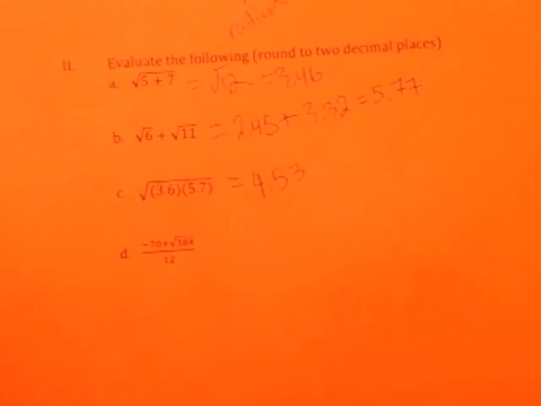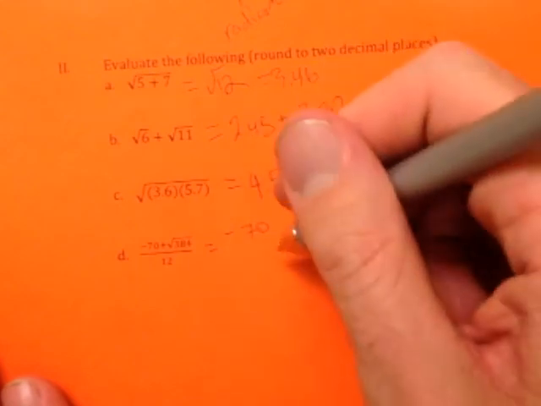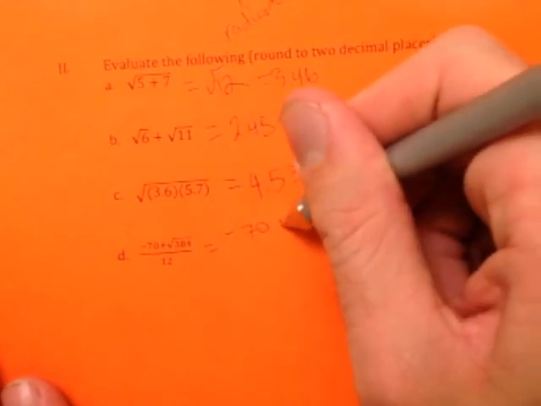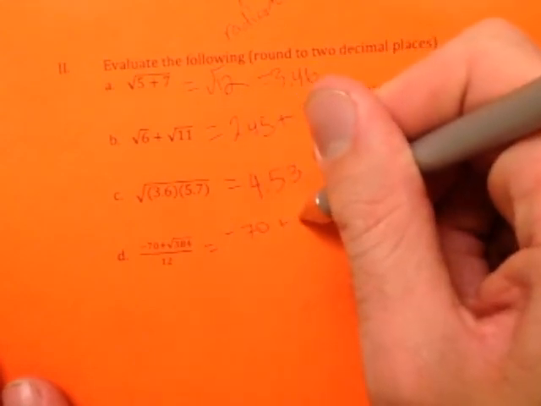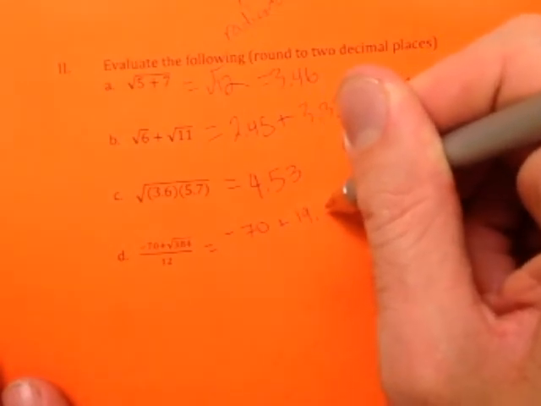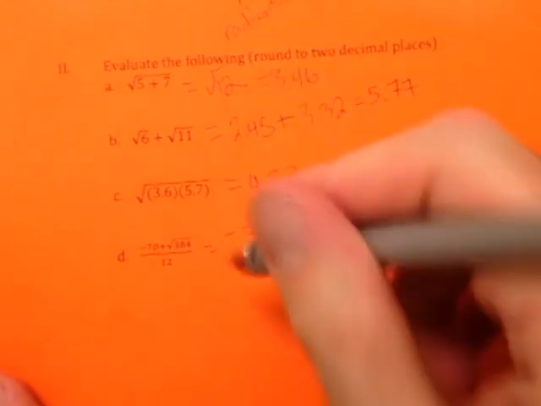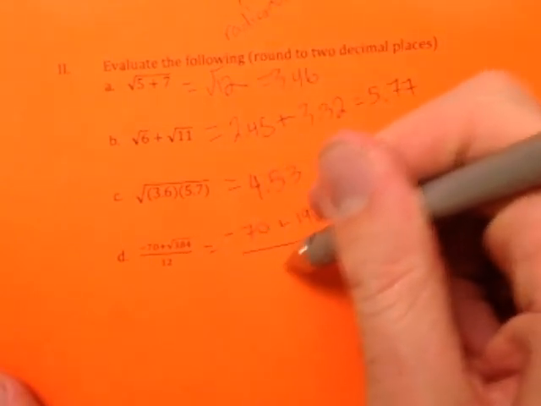Here, you're going to take the square root of 384 first. It would come at the same step as exponents in order of operations. So we need to simplify our numerator first, and since the square root of 384 is the same thing as an exponent, it happens in that exponent step, so we'll evaluate that first and round it to 19.60.